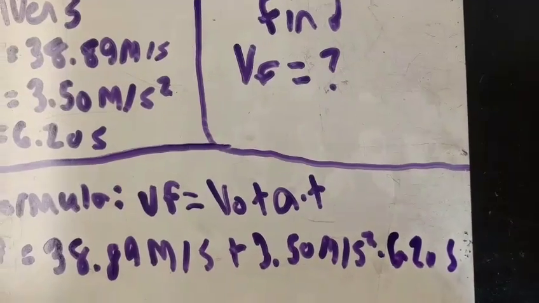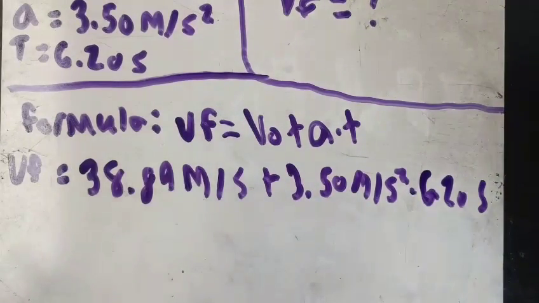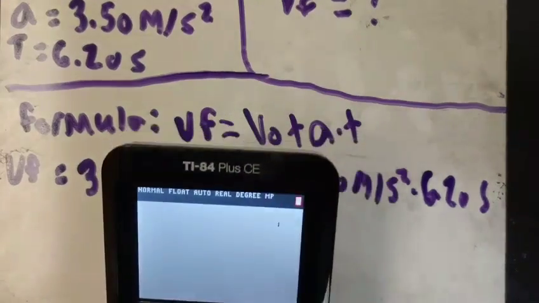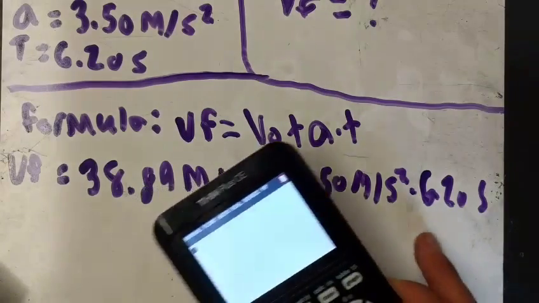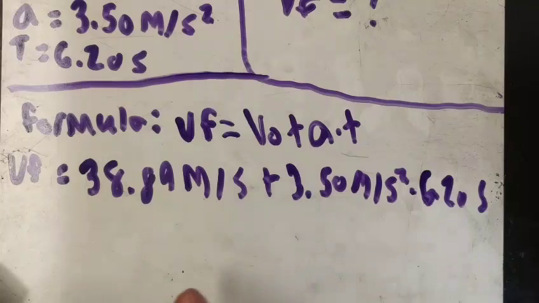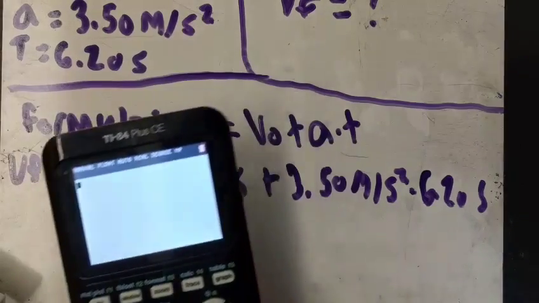So now all we have to do is plug this into our calculators. If you have a scientific or graphing calculator, then you don't need to worry about PEMDAS. But if you don't, you're going to want to multiply these two values together first and then add the initial velocity. So that's what I'm going to do. I'm going to pretend like this is just a basic calculator.